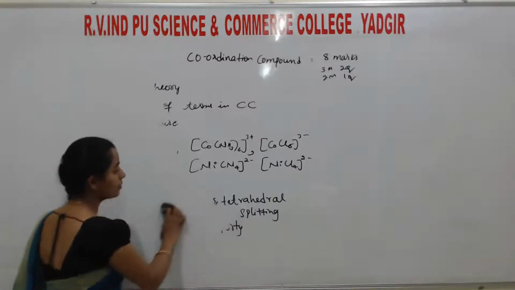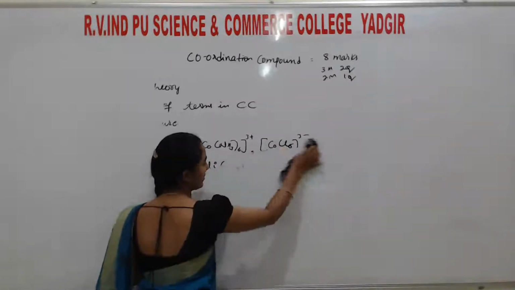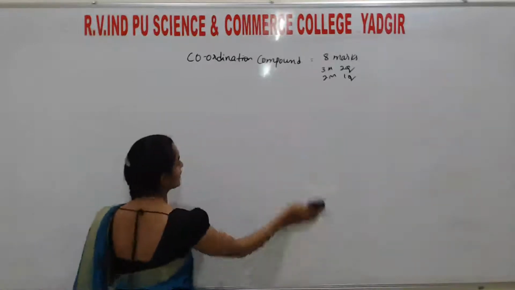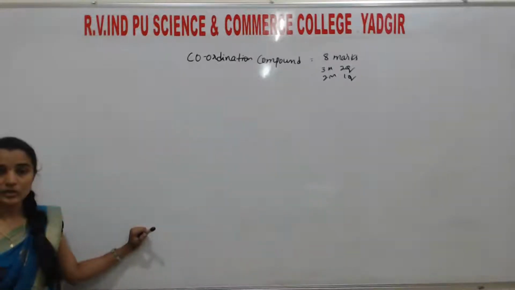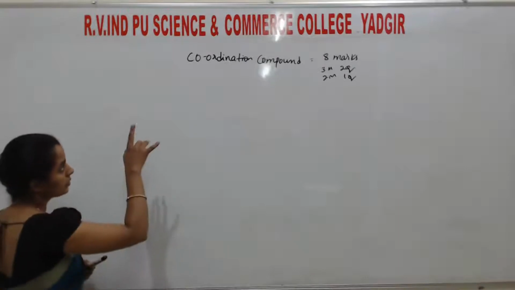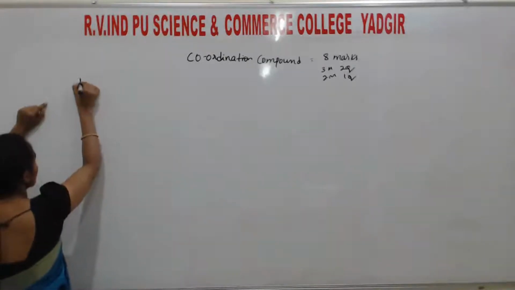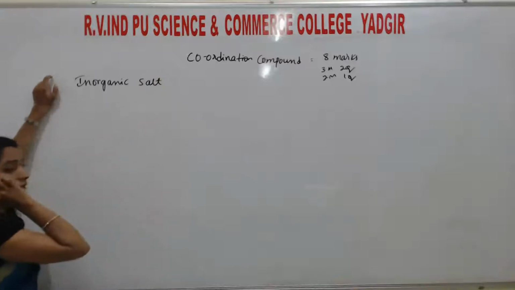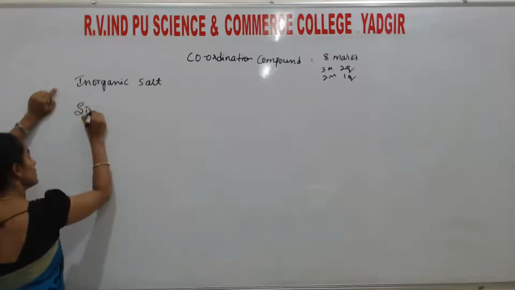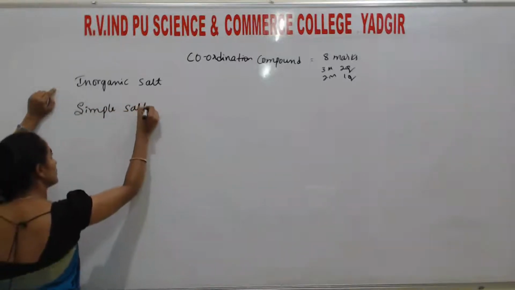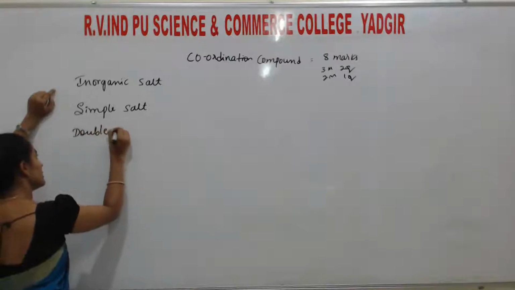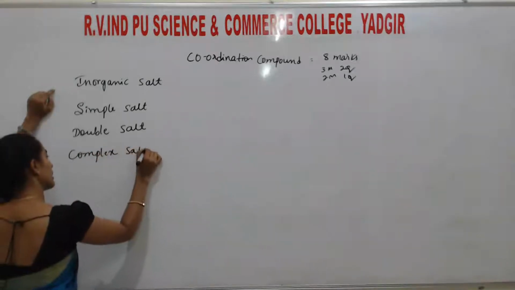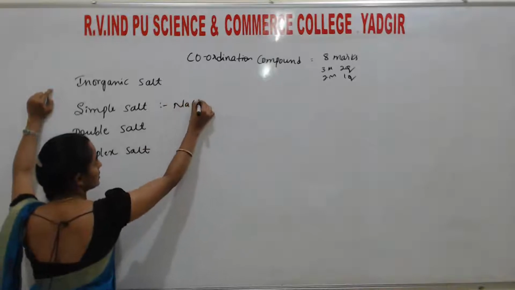The inorganic compounds are again classified as elements, salts, etc. Especially the inorganic salts are classified into simple salt, double salt, and complex salt. So coordination compounds are an example of inorganic salt. I write an example for simple salt, that is NaCl.